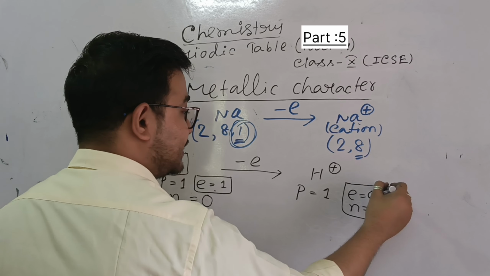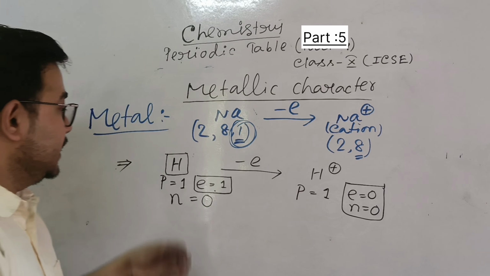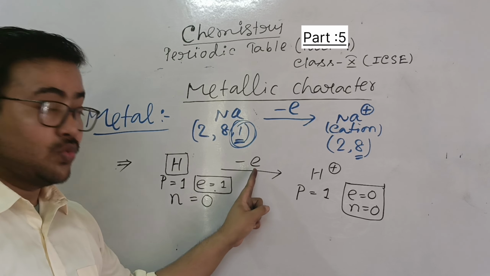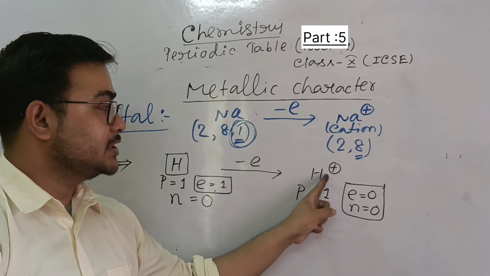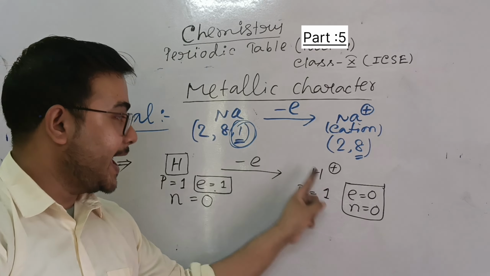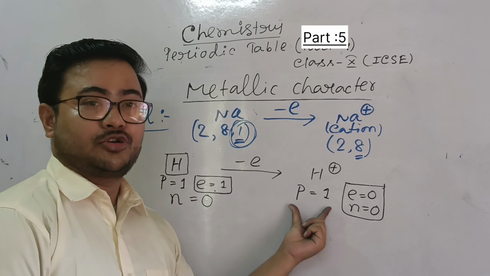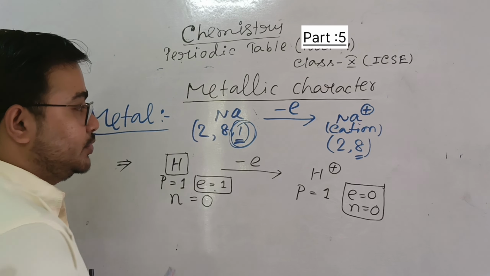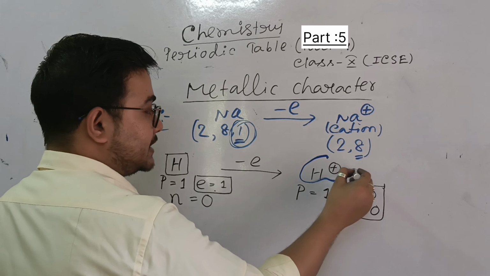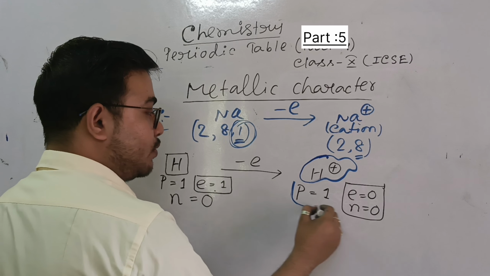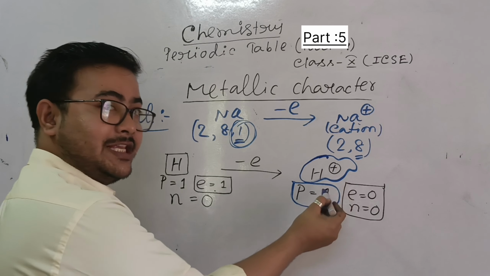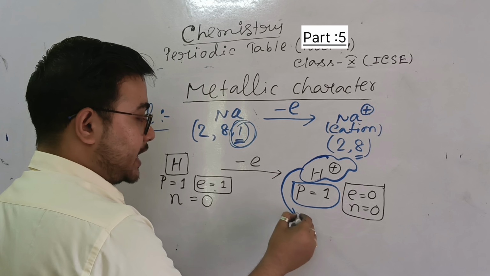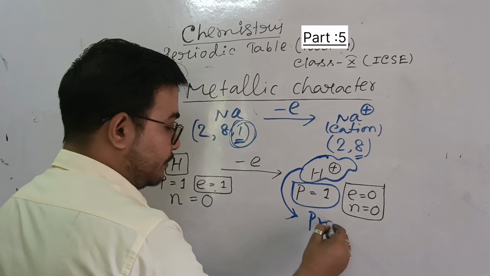So try to understand, in case of a hydrogen atom, after donation of 1 electron, this H plus, that is cation, has only 1 proton. Everything is 0 except this proton. Because this H plus ion has only 1 proton, this H plus ion is also known as proton.